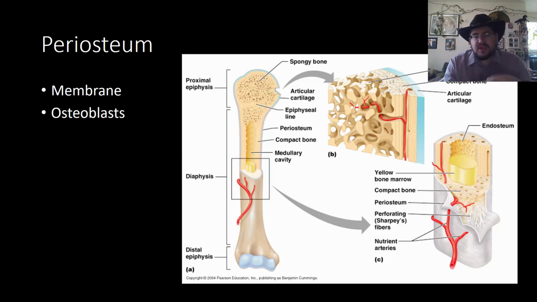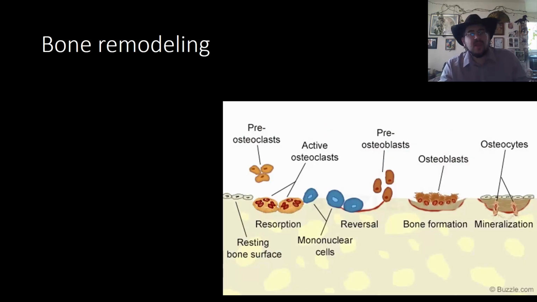The more work you do to a bone. Anyway, so let's talk a little bit about bone remodeling, right? Because I said that the rich blood supply allows growth, repair, and remodeling. And since we've already talked about osteoclasts and osteoblasts, it'll be simple to just put this into remodeling.